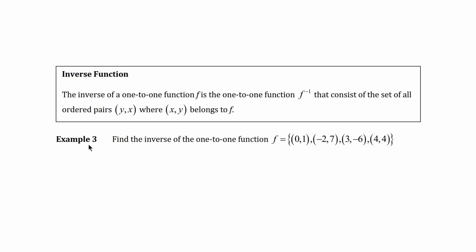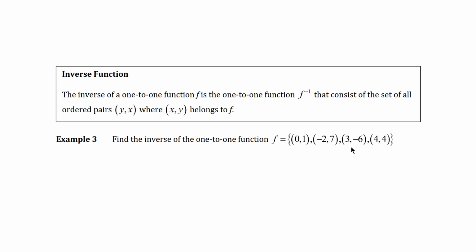For example number 3, find the inverse of the one-to-one function f, where f contains the set of ordered pairs (0, 1), (-2, 7), (3, -6), and (4, 4). What we need to do here is find the inverse function of f. To do this, we're going to use the definition of the inverse function.